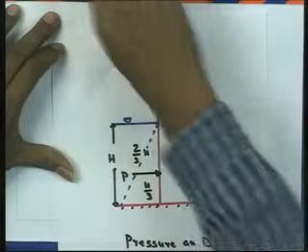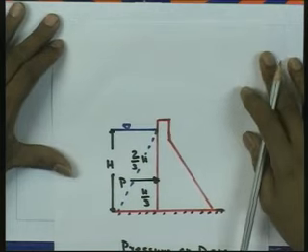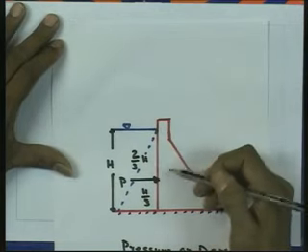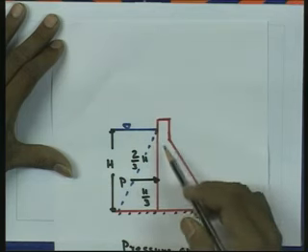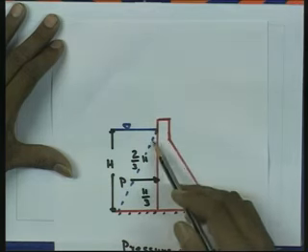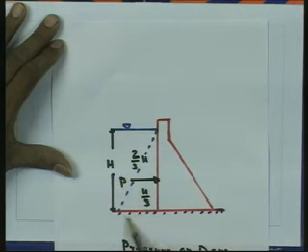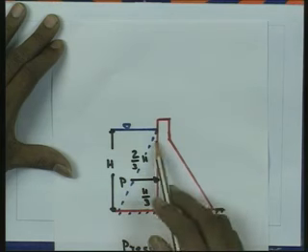This we have already discussed earlier as in the case of a problem. Here you can see a concrete dam. If you want to find out the resultant force and center of pressure, here gamma H below the surface gives the pressure, and the total pressure is the area of this triangle.